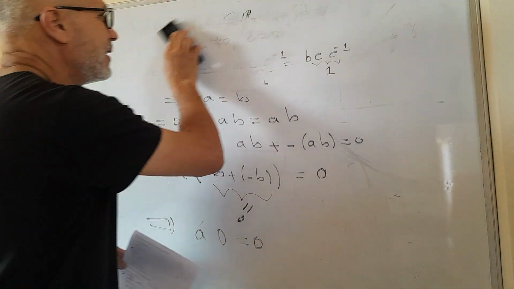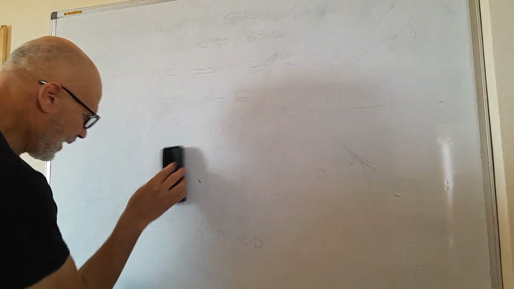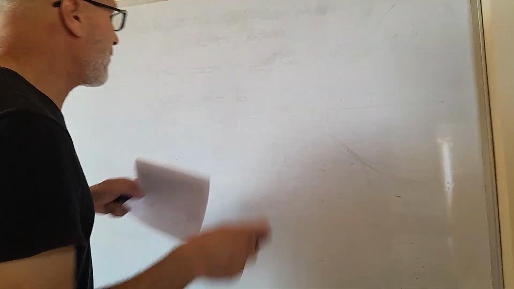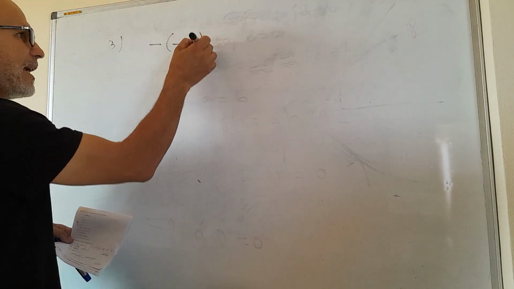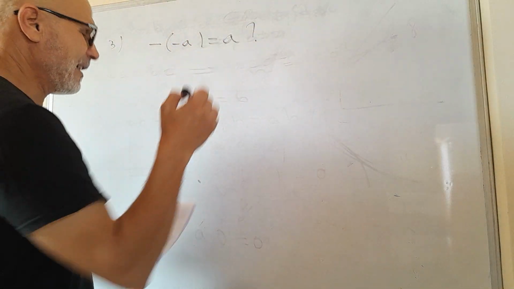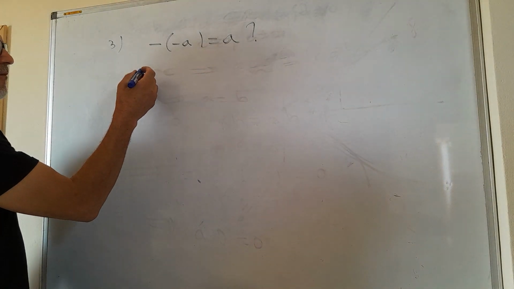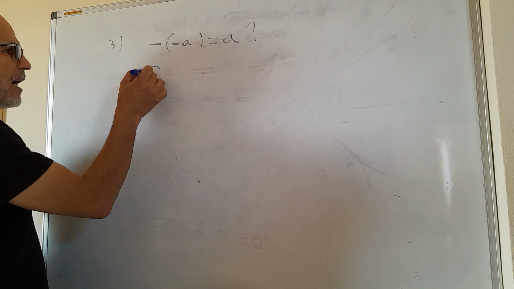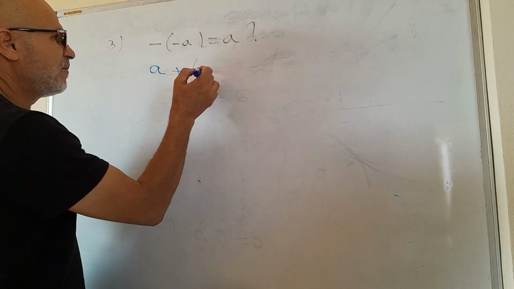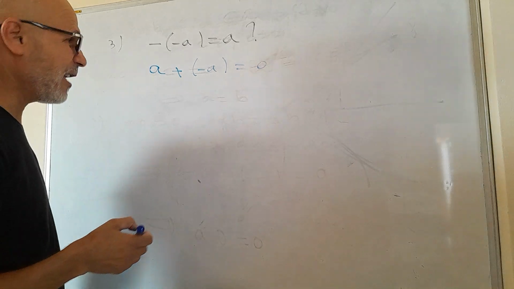The next question: how can we prove that minus minus a is equal to a? We have a plus minus a, this is equal to 0.